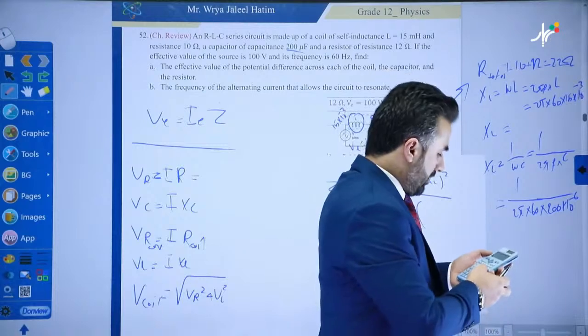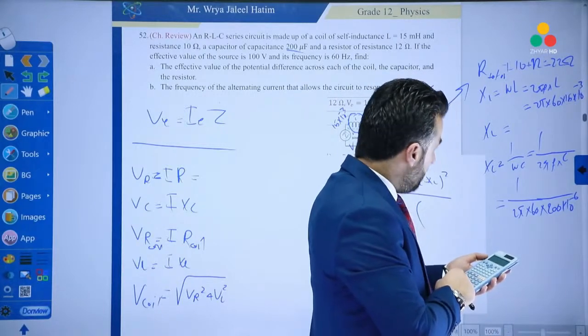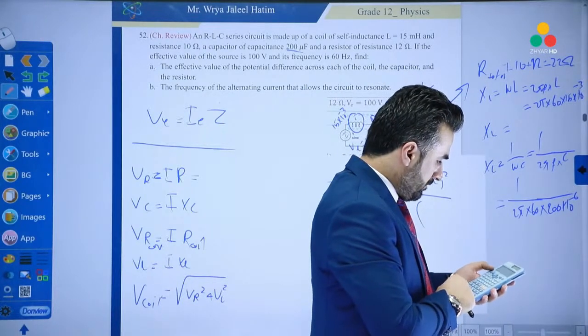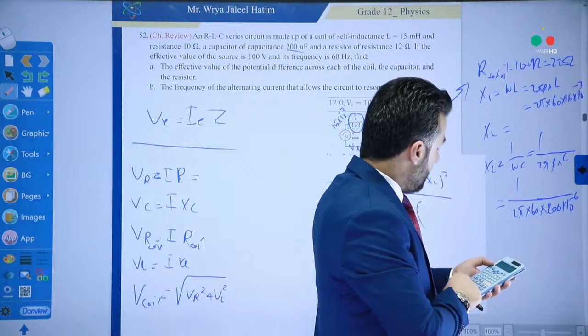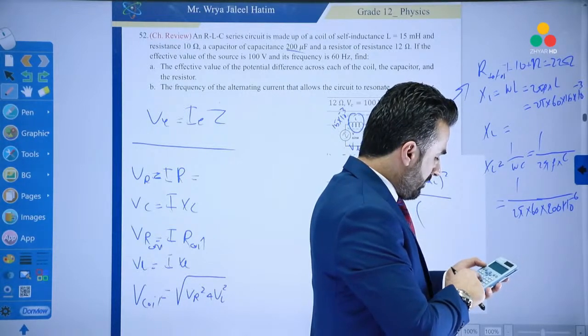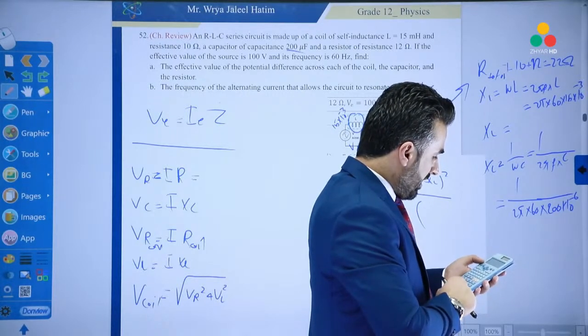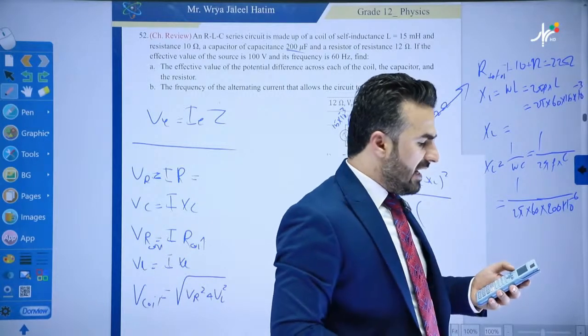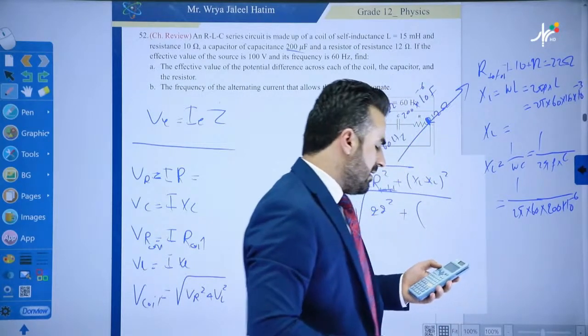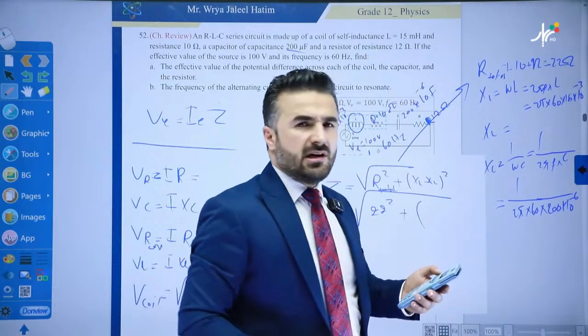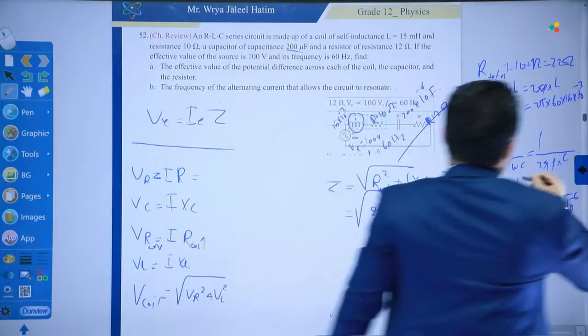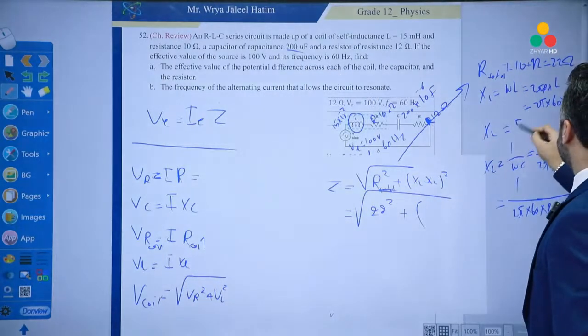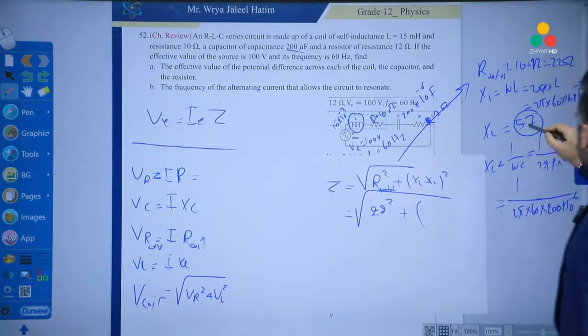XL is equal to what? 2 pi times 60, multiplied by 15 times 10 to the power negative 3. The answer is 5.65. By rounding, we can say 5.7. That is XL here.